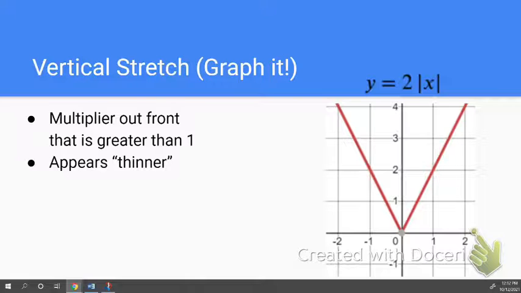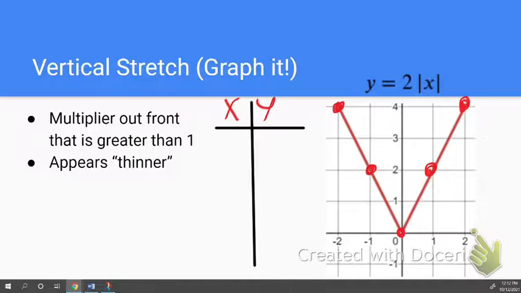Let's graph this one. It's 2 times the absolute value of x. It's making it thinner. You're graphing this one on your paper, adding your table in. We can see the vertex is still at 0, 0.